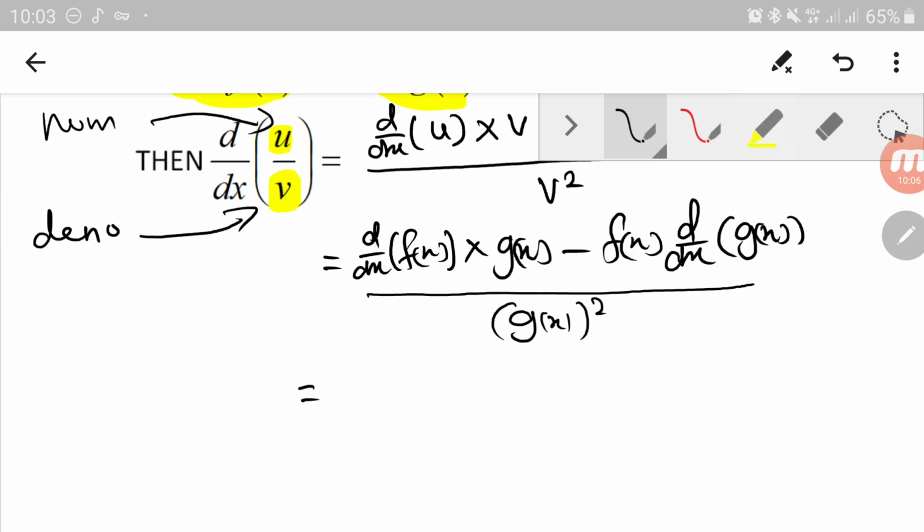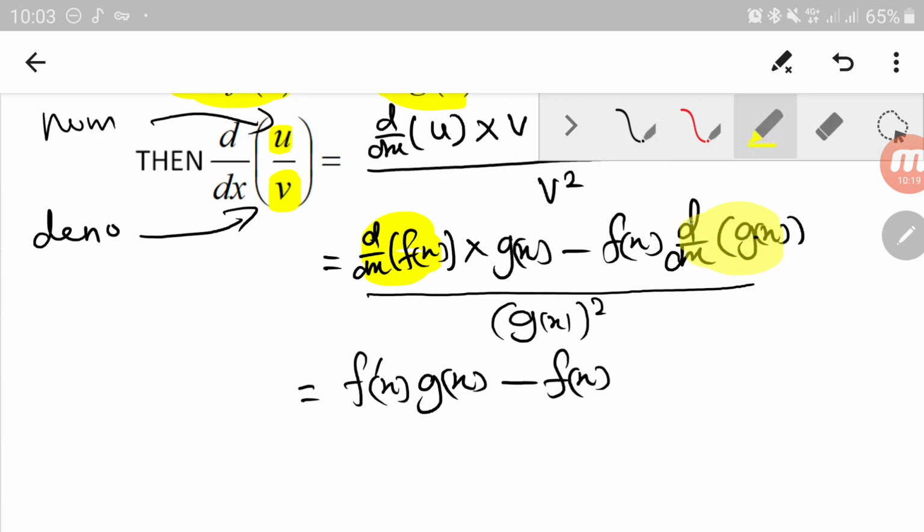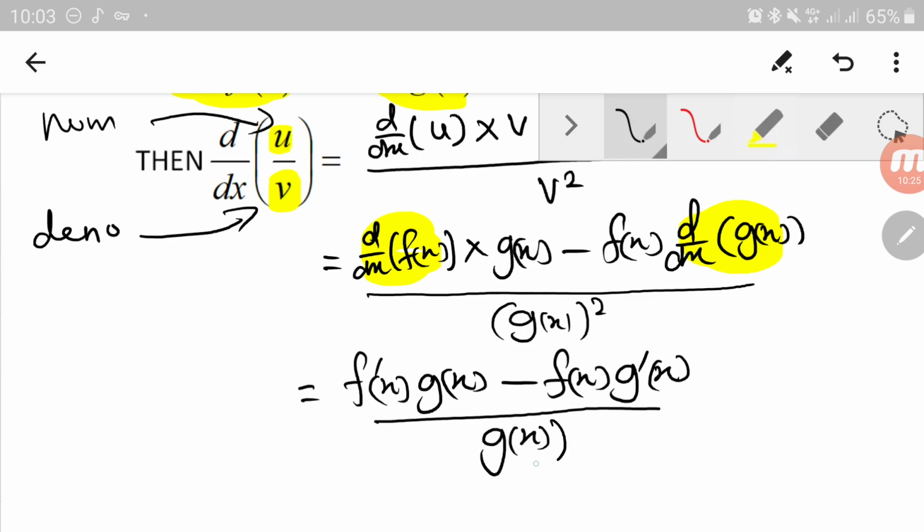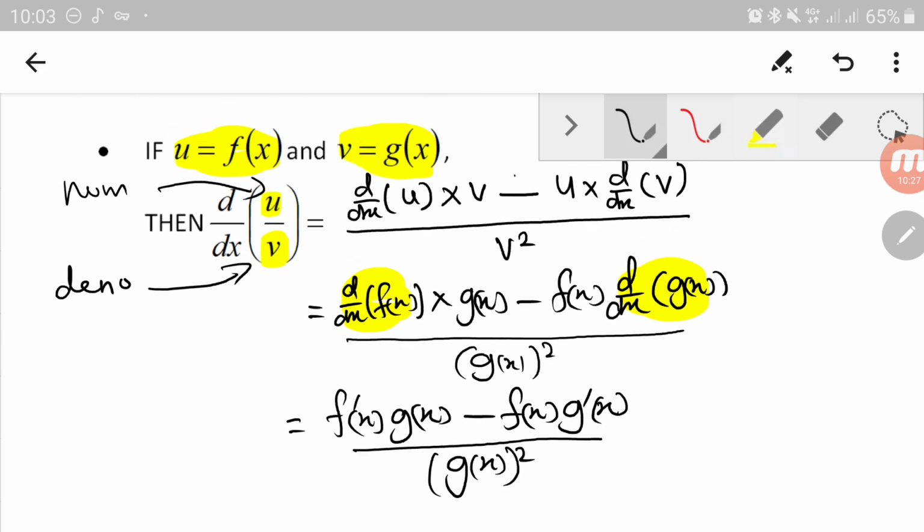So this part will be f prime of x, and then put g(x) next to it, meaning multiply, and then f(x), we differentiate g(x) in terms of x, we get g prime of x, divided by g(x) squared. Okay, so this is the form.